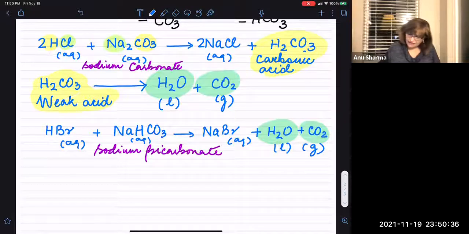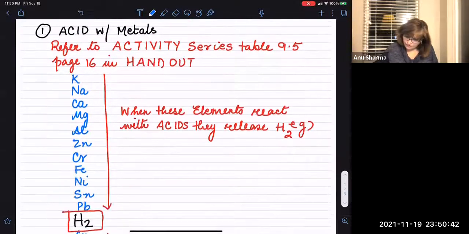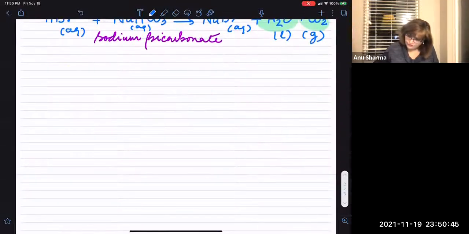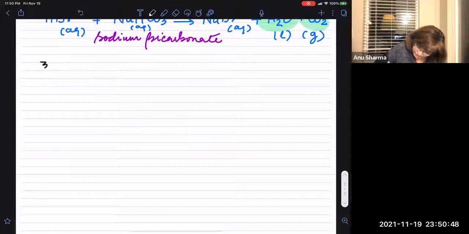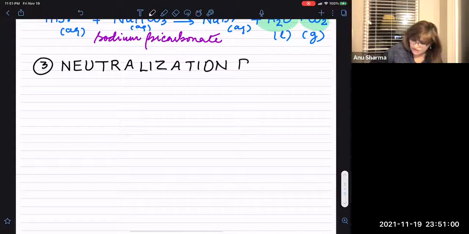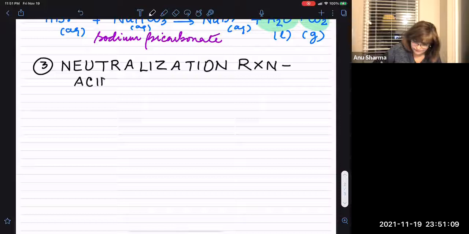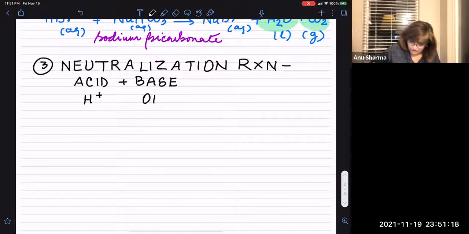Next is acids and hydroxides, the neutralization reaction. This is 1, this is 2, and then comes the 3, which is very important: neutralization. A neutralization reaction is when an acid reacts with a base, in other words, hydrogen ion plus the OH ion.